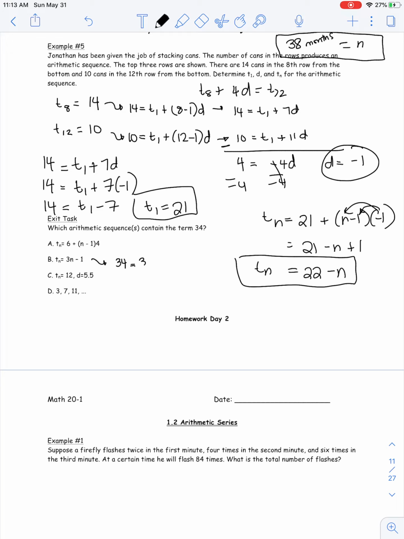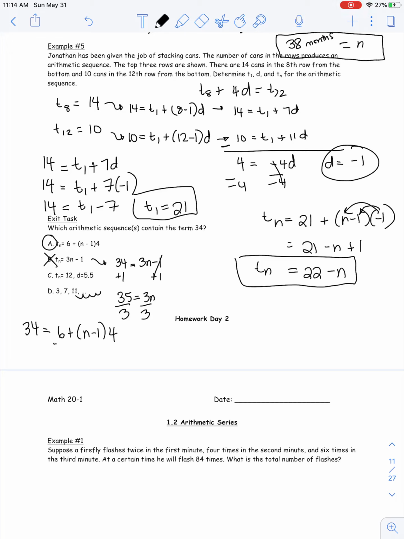So for example, b, if I go 34 equals 3n minus 1, I would add 1 to both sides. 35 divided by 3 will not give us a whole number, so it can't be b. And then here, if we were to continue this sequence, it wouldn't give us 34. And same for C.